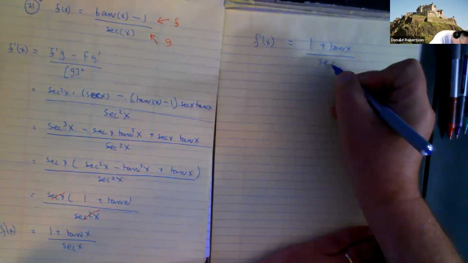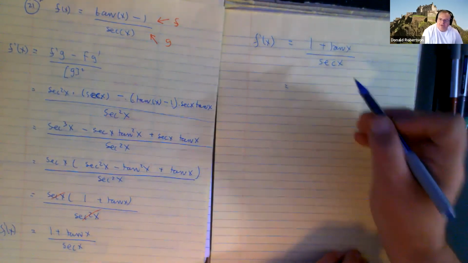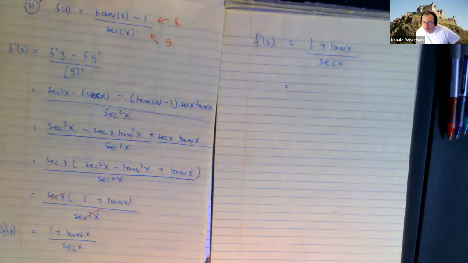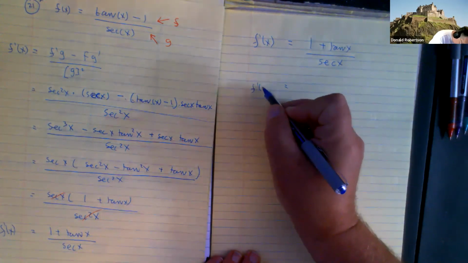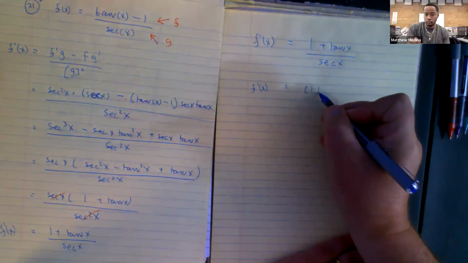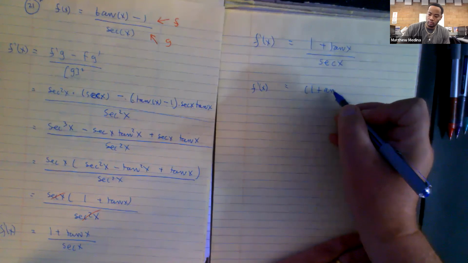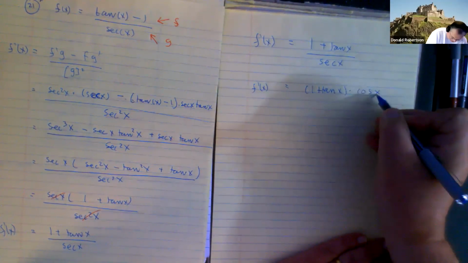Just rewrite the gap here. What is a secant x on the bottom the same thing as? In other words, what's 1 over secant x equal to? Cosine. Yeah. So what I now have is 1 plus tan x times a cosine x.